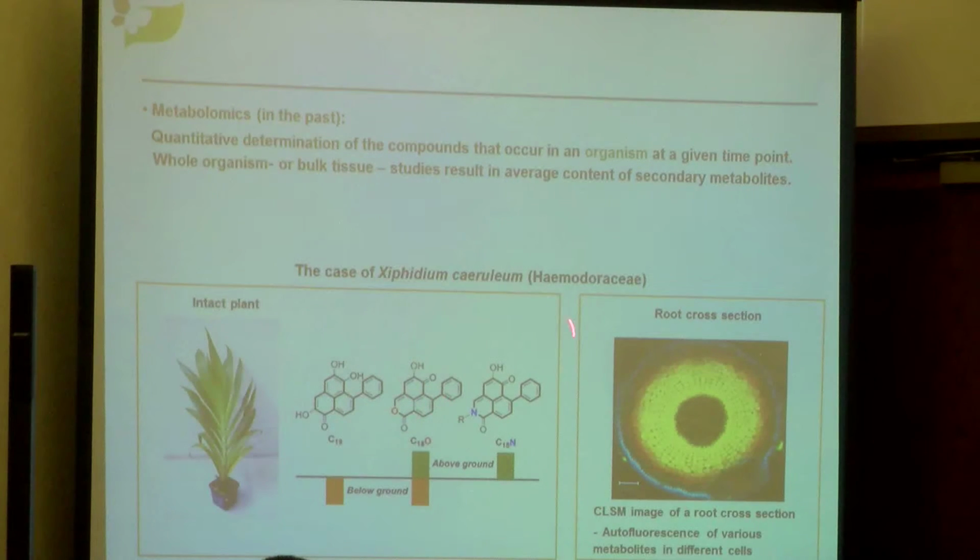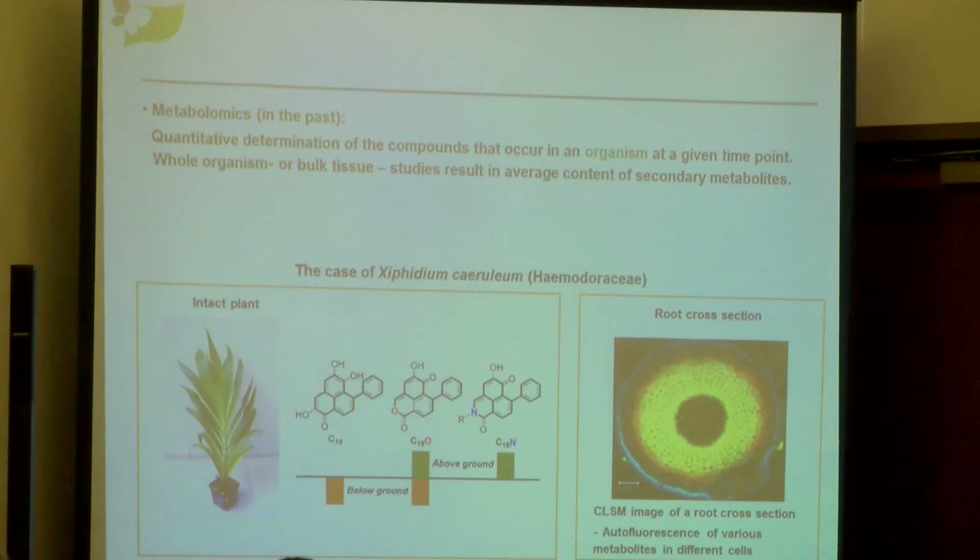Examples are shown here. It is trivial that compounds are distributed within a plant in different ways, so that some compounds only occur in the roots, others occur in different plant parts, and others only occur in the green part.